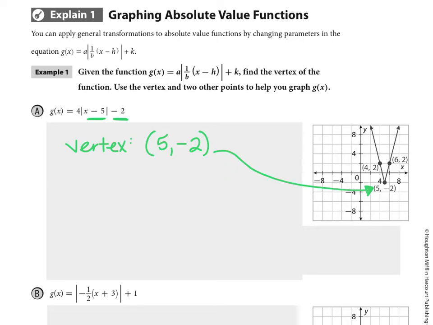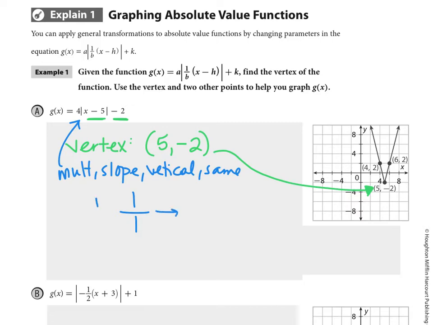And then I told you that multiplication is going to change the slope. So this multiplication on the outside here is going to change the slope. It's going to be vertical because it's on the outside, and it's going to stay the same. So remember, the traditional slope was 1 over 1, and this is going to change the vertical part, which is the rise part on the top.